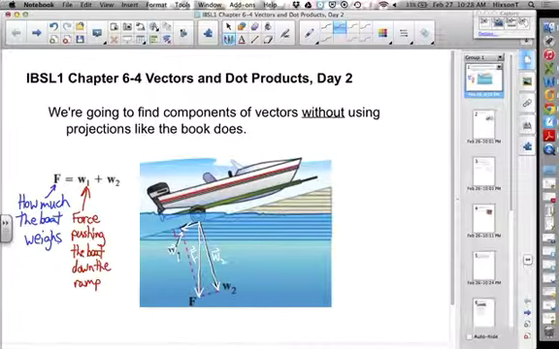And then lastly, the W2 is how much force the ramp has to hold. Okay? So that's what we're breaking this down into.